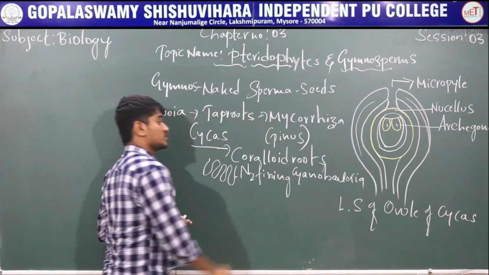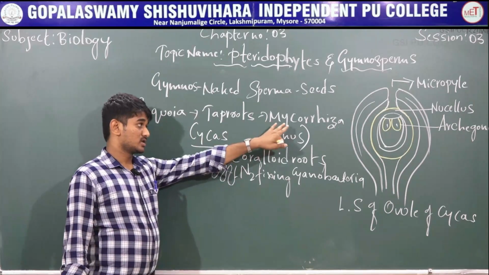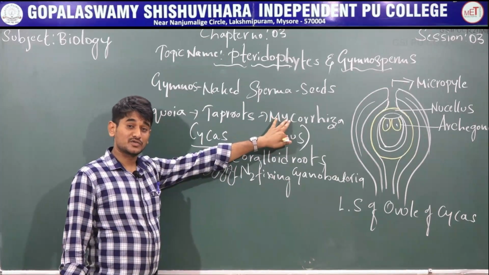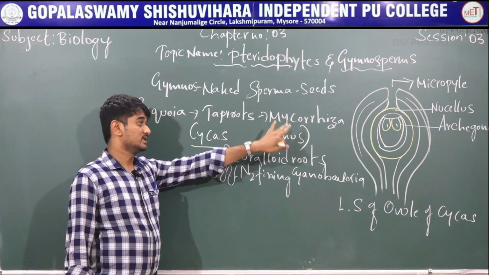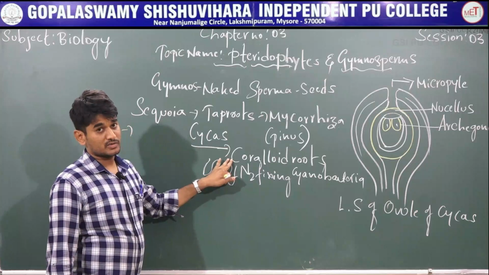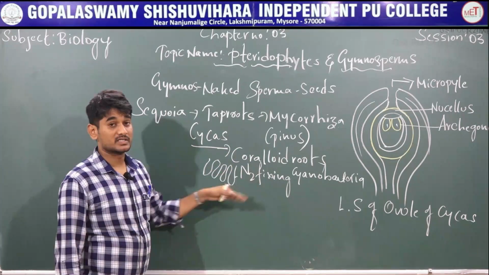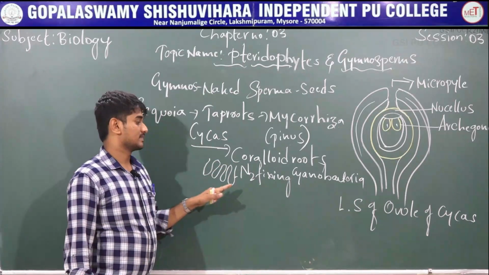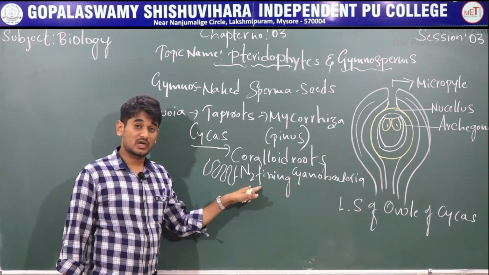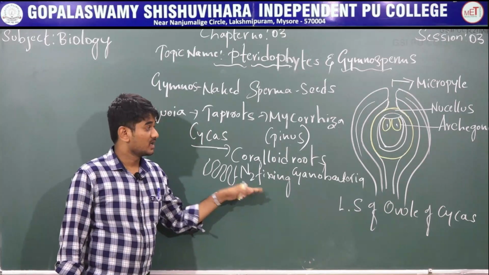Okay, generally the roots in gymnosperms are a taproot system, and some plants have a fungal association in the form of mycorrhiza, example Pinus. In some plants like Cycas, specialized roots called coralloid roots resemble corals, and these roots are associated with nitrogen fixing cyanobacteria.